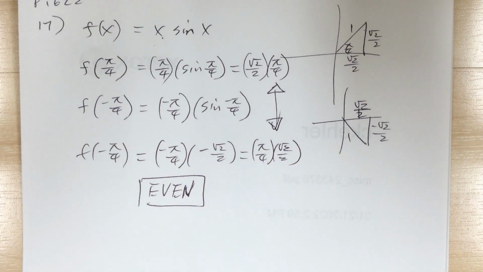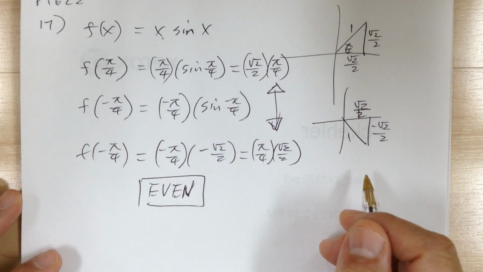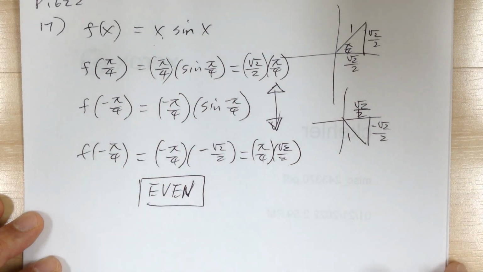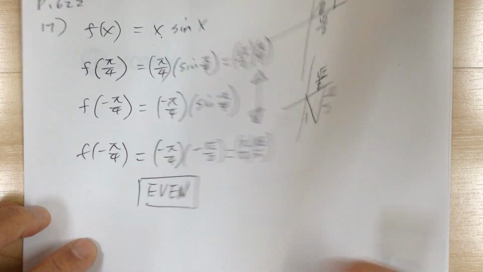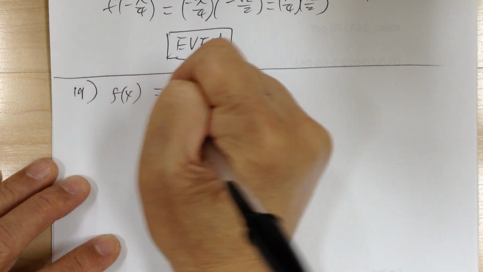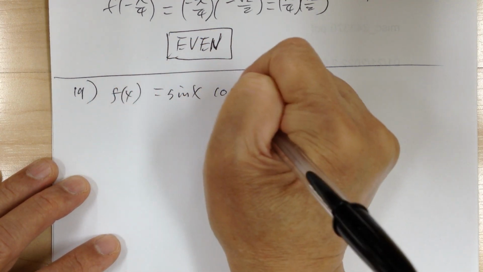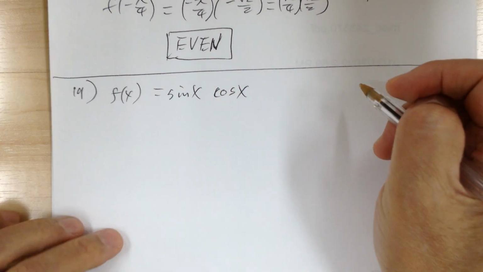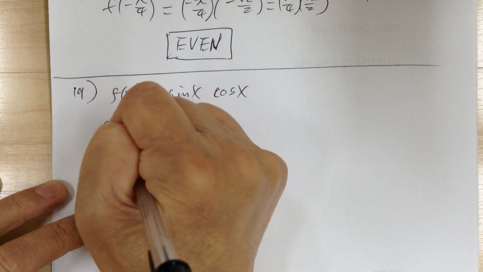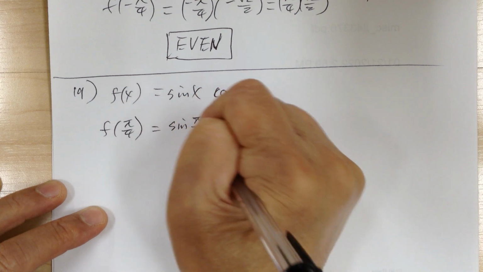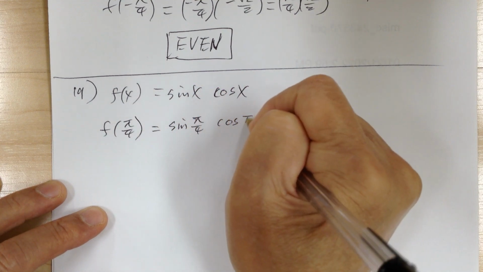Now you might want to try a few more numbers, but usually this one is kind of obvious, so we're just going to call it even. Now let's go to number 19. f of x equals sine x cosine x. Again, pi over 4 would be a good number to choose. f of pi over 4 equals sine of pi over 4 times cosine of pi over 4.